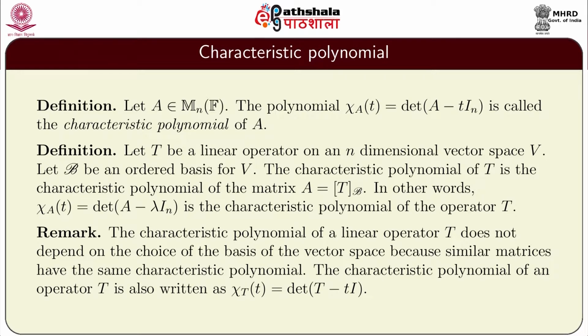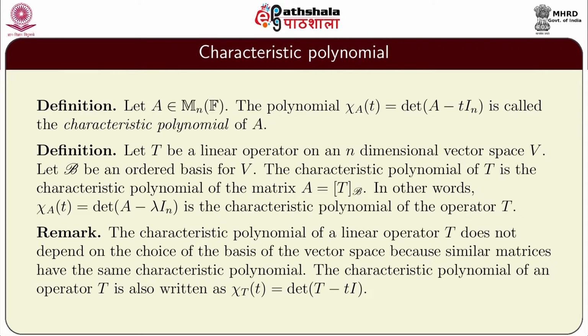Well, it is easy to see, because if two matrices A and B are similar, then we can write B as P A P inverse for some invertible matrix P, and we can see that the determinant of A minus T In and the determinant of B minus T In would be the same.